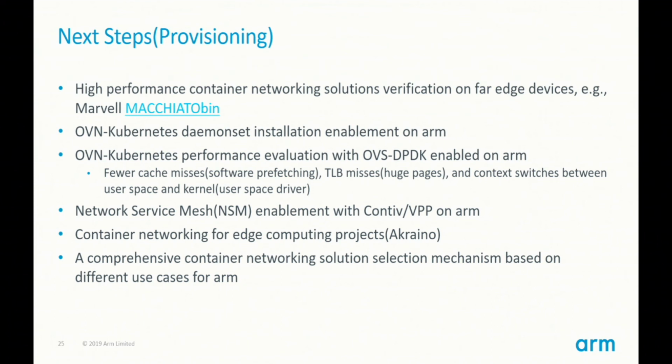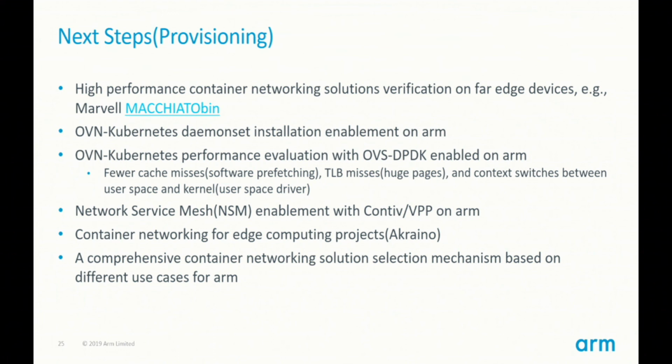We would also perform OVN-Kubernetes evaluation with OVS DPDK enabled on ARM, with fewer cache misses, TLB misses and context switches.